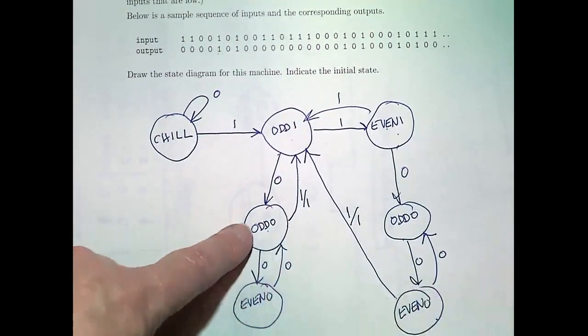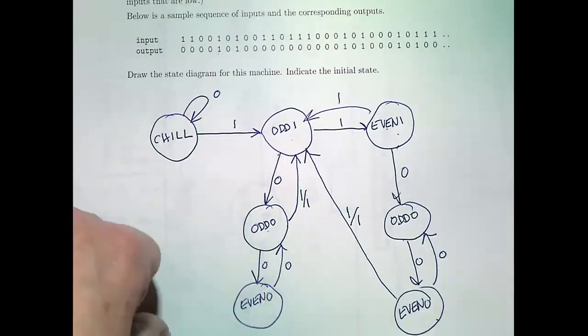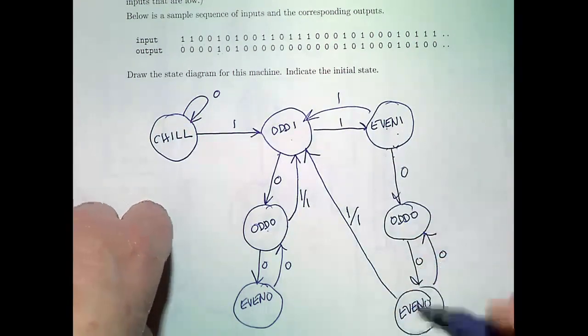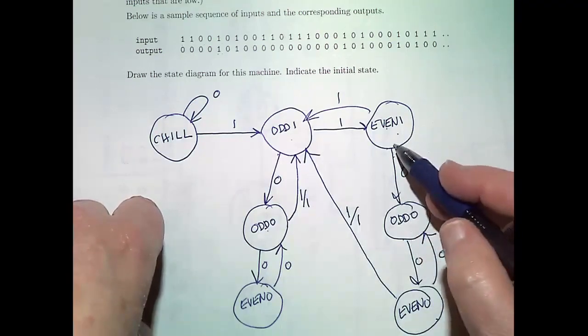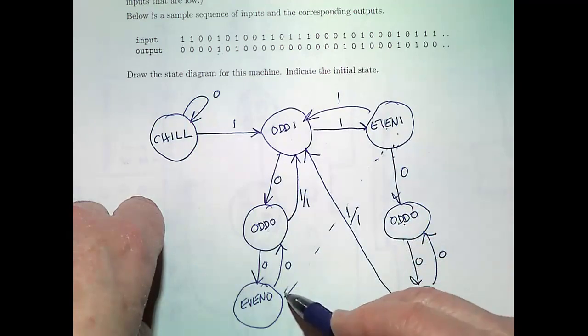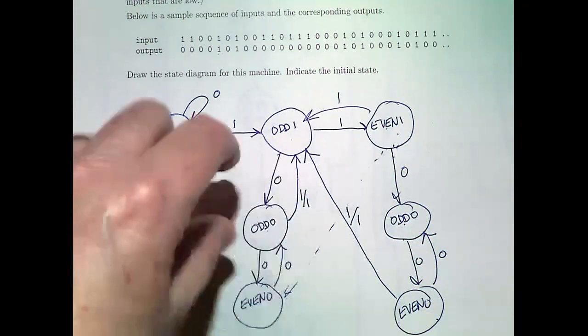But notice, these are still very similar. What if I were to just go, instead of going from here to here, I'm just going to go here. Wouldn't that work? I just kind of reverse the parity.